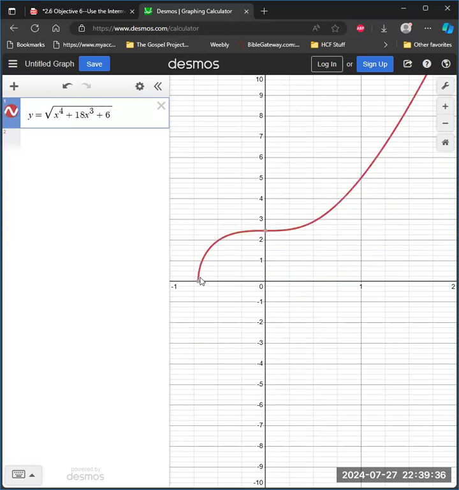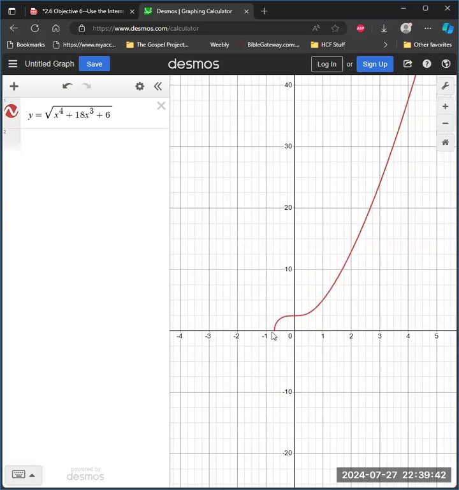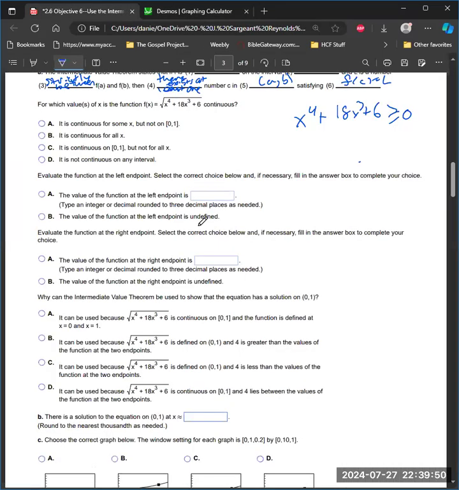Okay, so it's not continuous for all x. There's a minimum x value there. I don't think there's a maximum x value, but definitely between 0 and 1, it's continuous here. So that's what I'm interested in. Continuous on 0 to 1, but not for all x values. It's restricted.